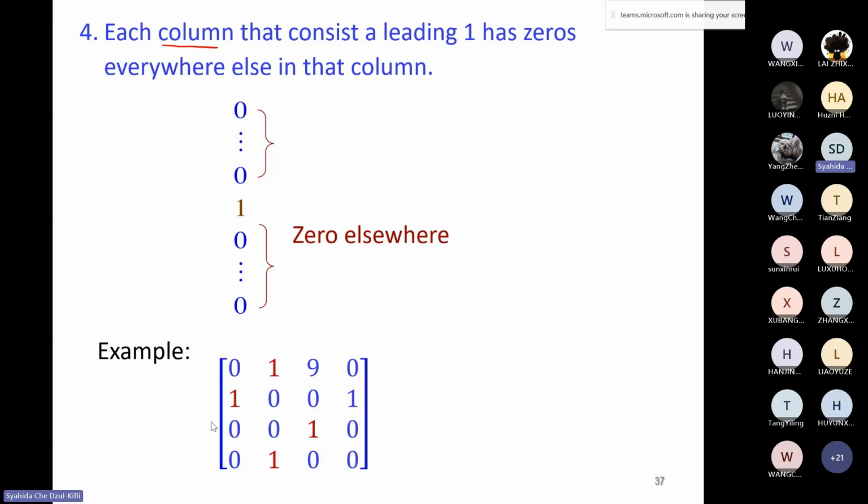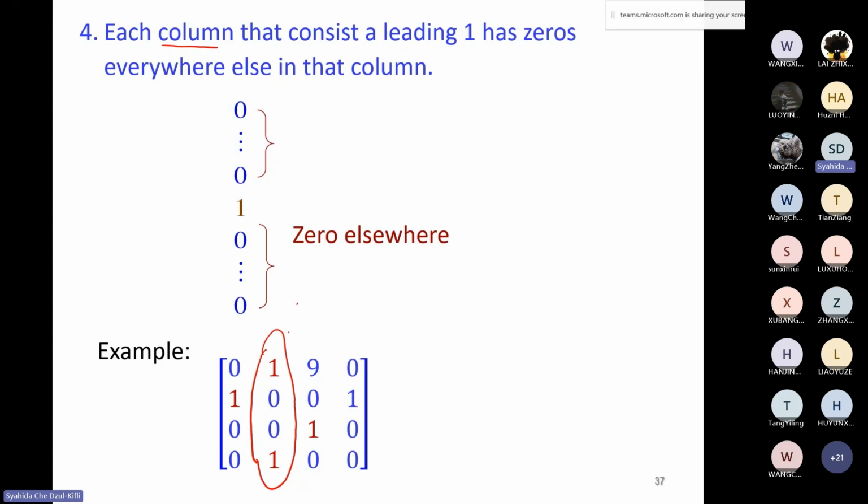Okay, example. First of all, we have to identify the leading ones. The ones in red color are leading ones. For the first row, every other element is zero. But at the second row, there are two leading ones.